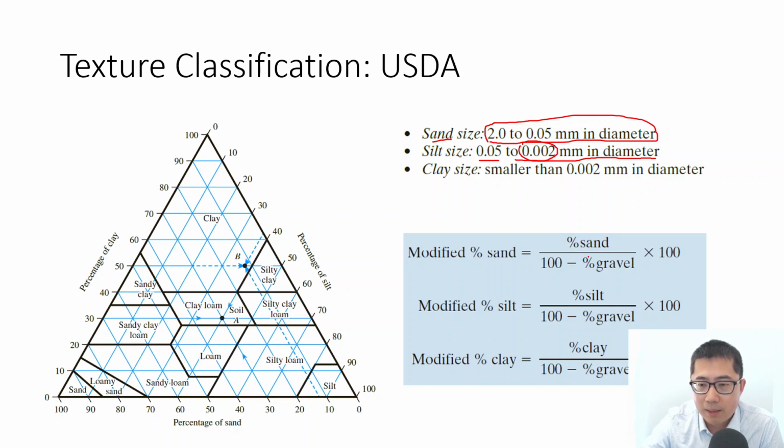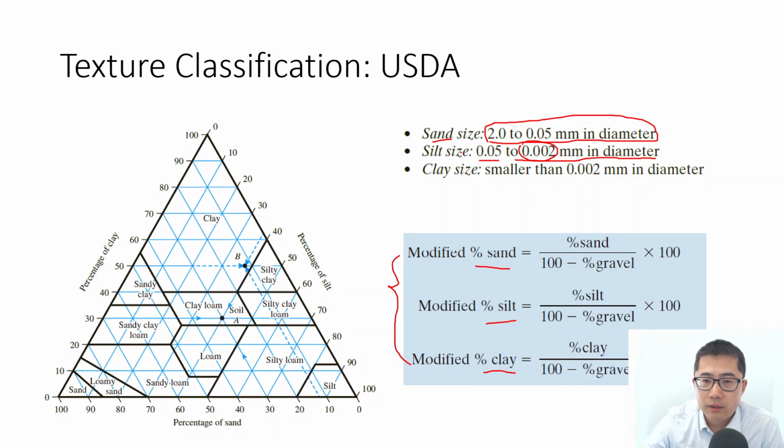If you happen to have some gravel, you have to plug into this equation to get a modified sand, silt, and clay content. But let's say you don't have gravel. You're kind of lucky. If you want to use this material for agriculture, you probably don't want much gravel in it anyway.